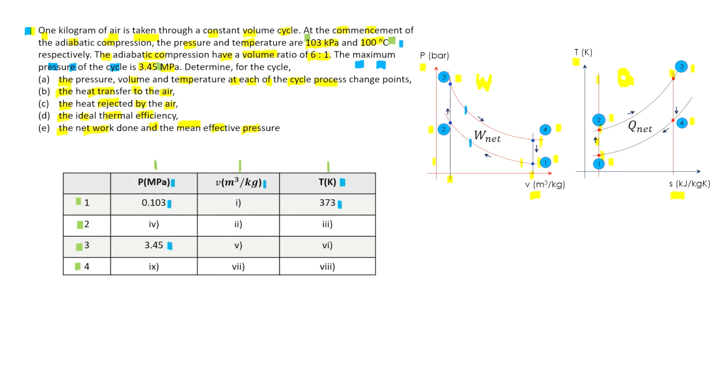So in this table here, you have the given data, that is the pressure P1, the temperature T1, and the pressure P3. So as you refer to the table, this one, and this one, and also this and this, they are all unknowns.